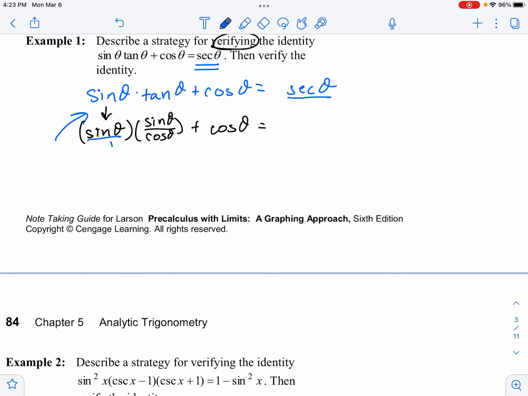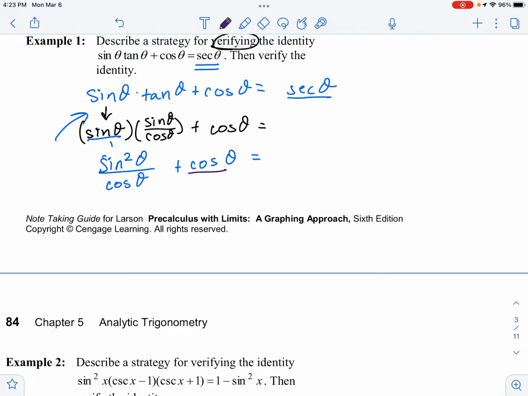Let's multiply what we have. Remember, our numerator here is sine times sine. Well, that's sine squared. And our denominator is cosine times 1, so that's just cosine. And then we're adding cosine. Well, right now, if I wanted to add things, I don't have a common denominator.